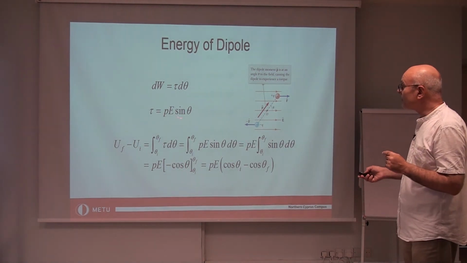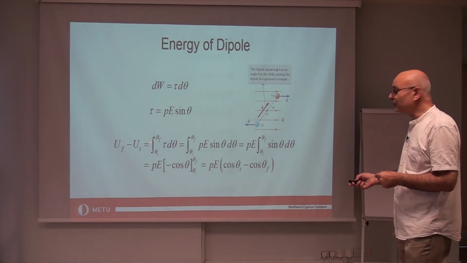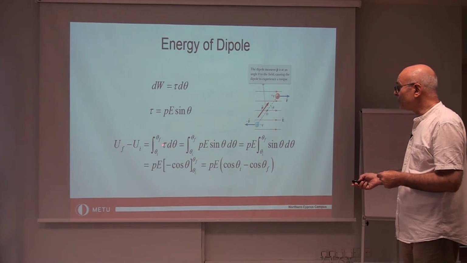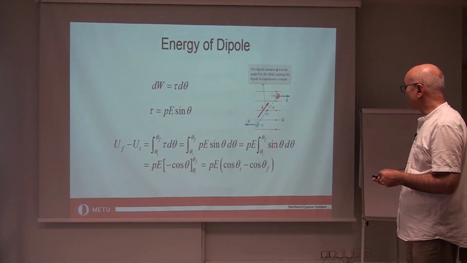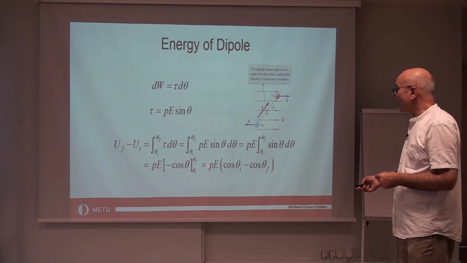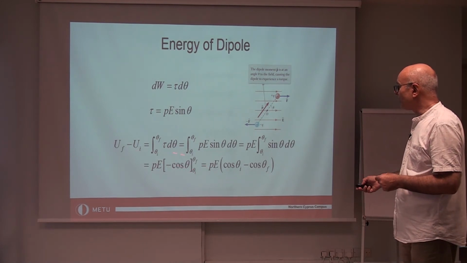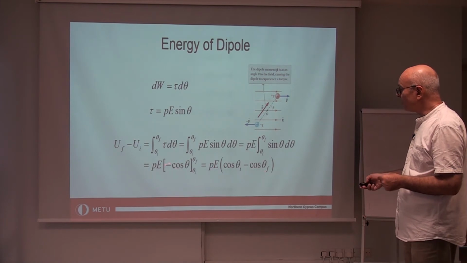Why? Because the torque depends on theta, and as you rotate, theta changes. And therefore, you have to integrate over theta. Theta is the only variable. When you do this, you get this expression, and this is U final minus U initial. It is equal to PE cosine theta initial minus PE cosine theta final, due to this minus sign.